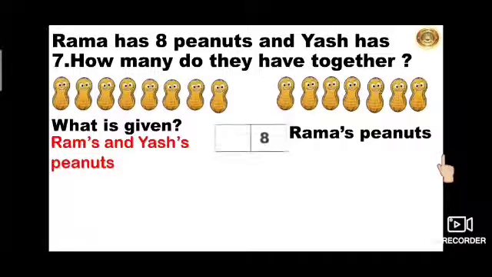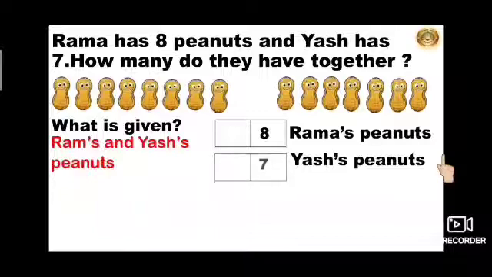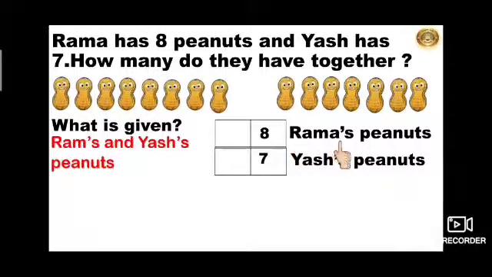Rama has 8 peanuts and Yash has 7 peanuts. You have to write like this: Rama's peanuts and Yash's peanuts.